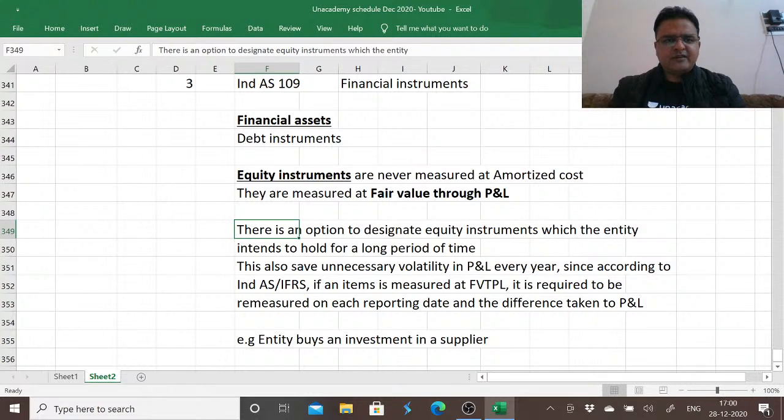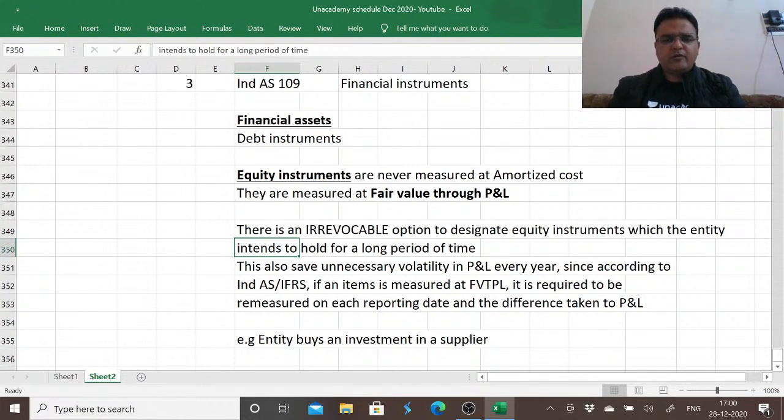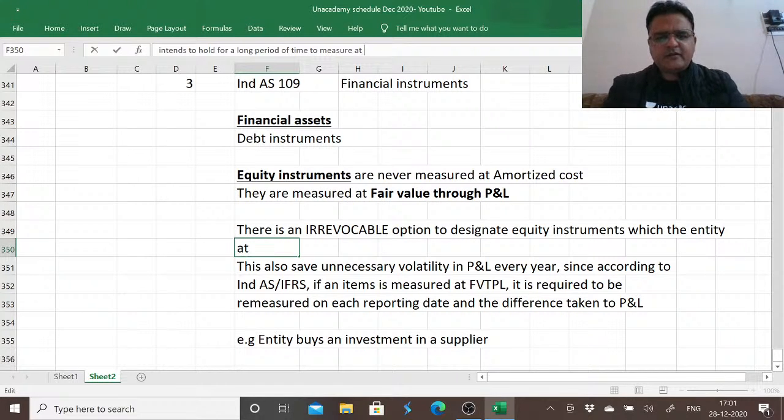There is an irrevocable option to designate equity instruments which the entity intends to hold for a long period of time to measure at fair value through OCI.